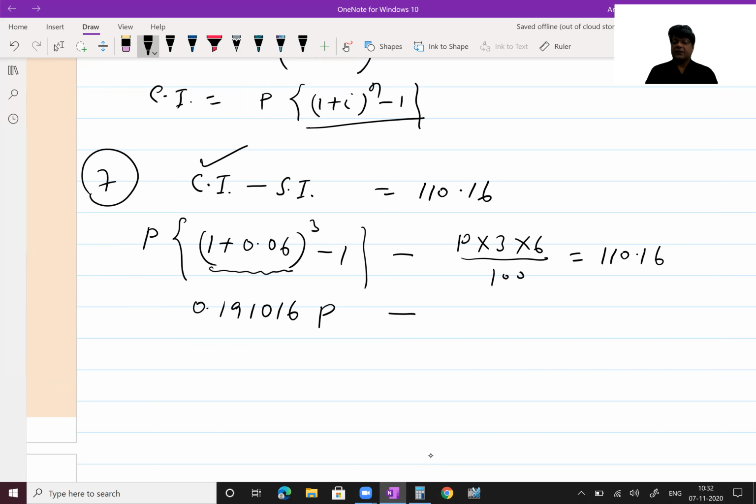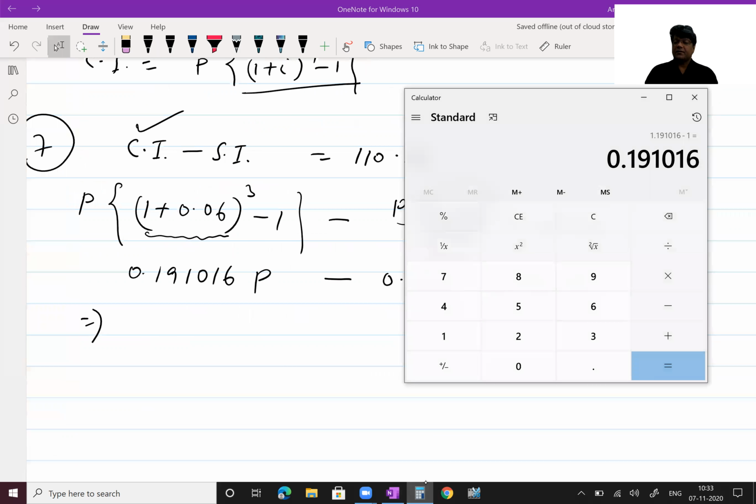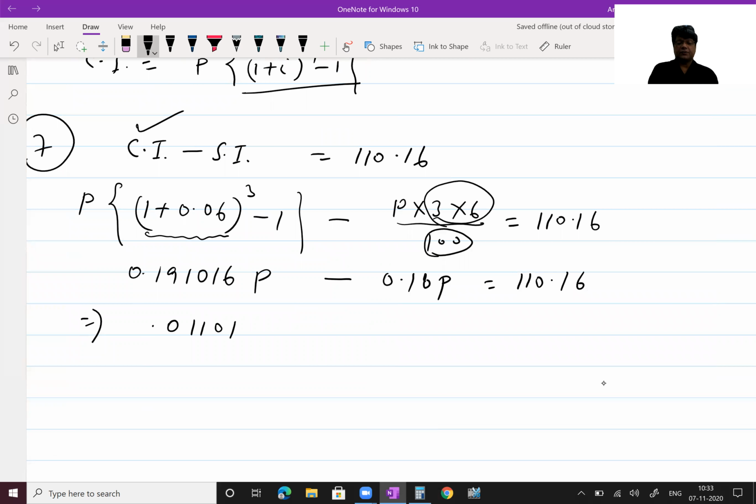Minus, guys, 6 into 3 is 18, 18 by 100 means 0.18. So 0.18 P is equal to 110.16. So this implies 0.191016 minus 0.18 will be 0.011016. So 0.011016 P is equal to 110.16. That is, P is equal to 110.16 divided by 0.011016.